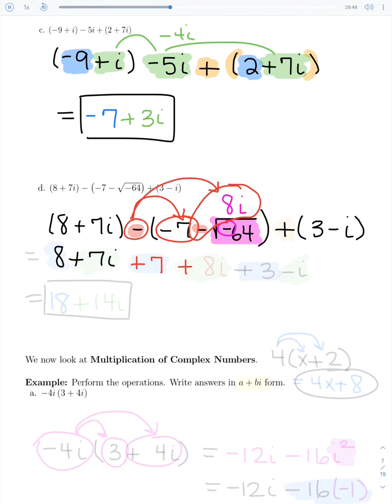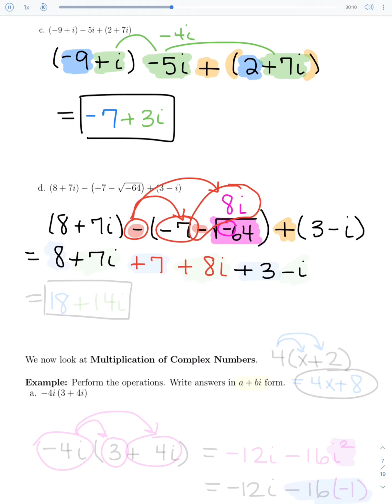We'll turn this into a positive 8i. And I'm not worried about the last set because it had a plus in front of the parentheses. So the second set of parentheses here that had a symbol in front is going to stay the same because it was just a plus. So of our positive 3 and our negative i, that will all stay the same.